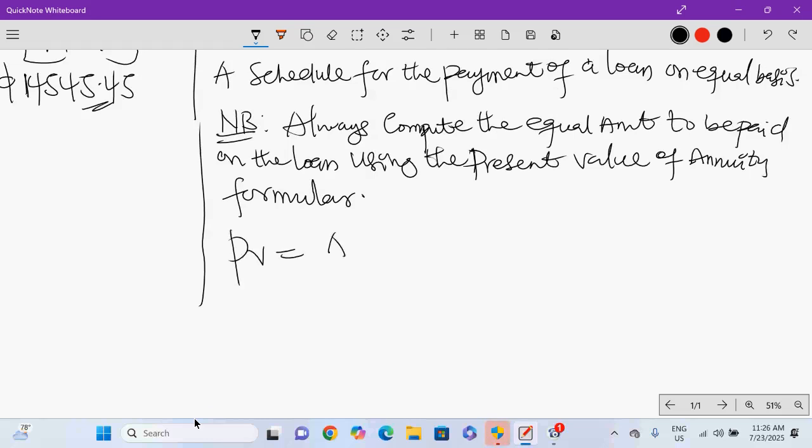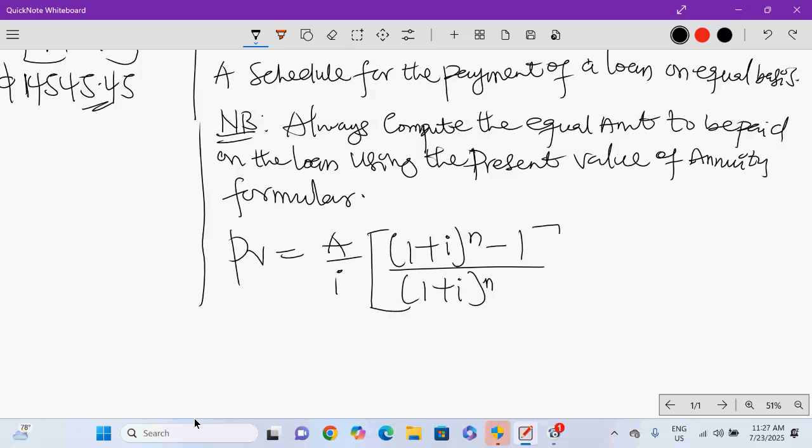The general present value of annuity is A over I into bracket 1 plus I to the N minus 1, all over 1 plus I to the N, right? And we usually use at the end, unless the question states at the beginning.